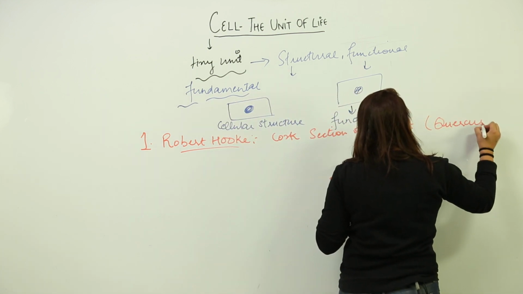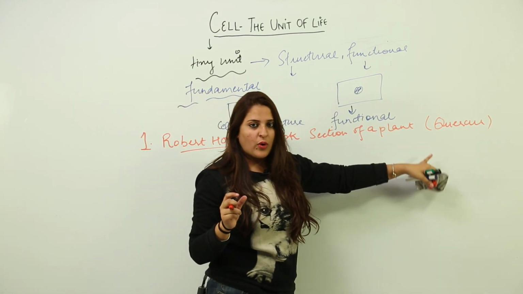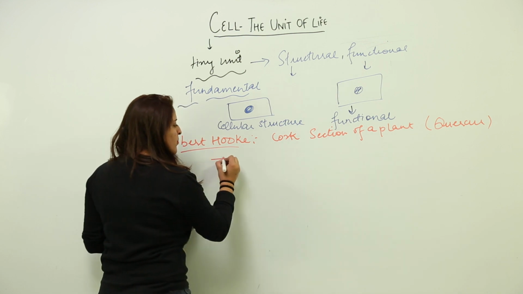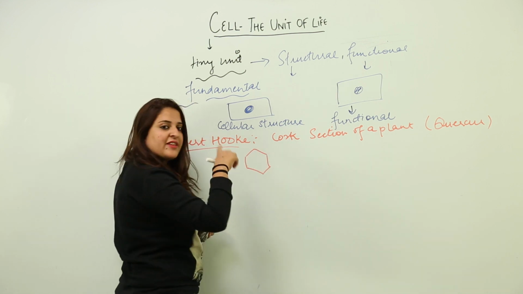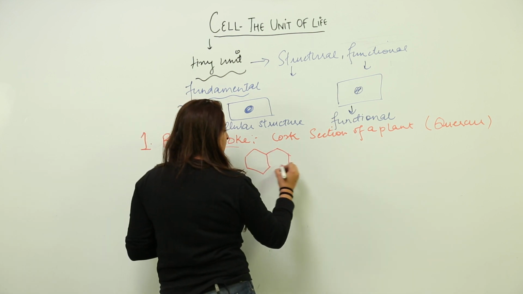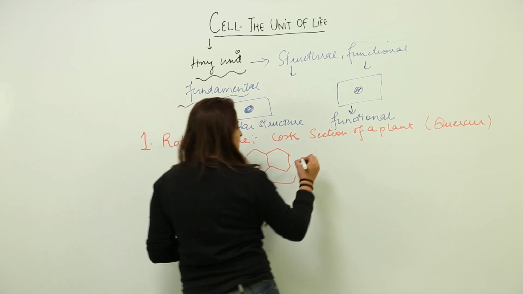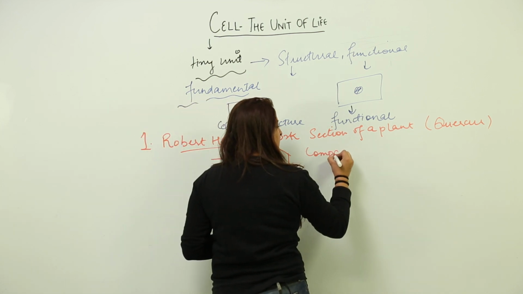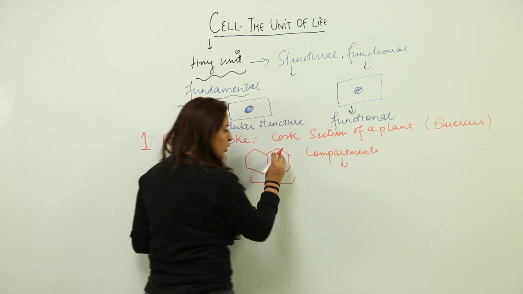He observed a thin cork section of a plant named Quercus, and he observed that there was some polygonal structure present throughout the section. These were like compartments, but what he observed was that these compartments were hollow from inside.